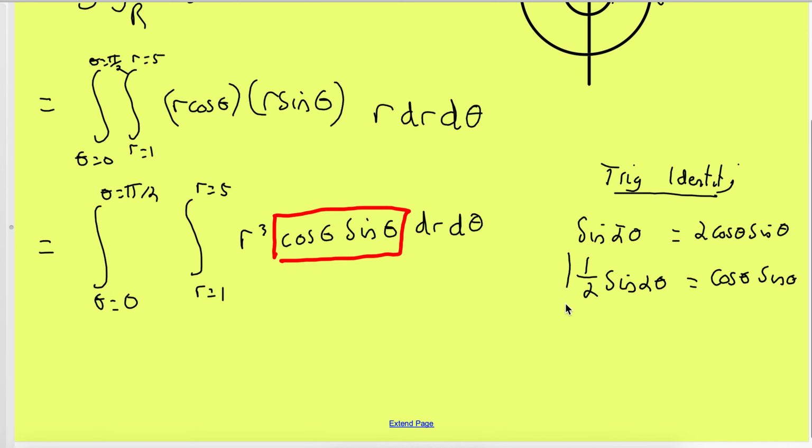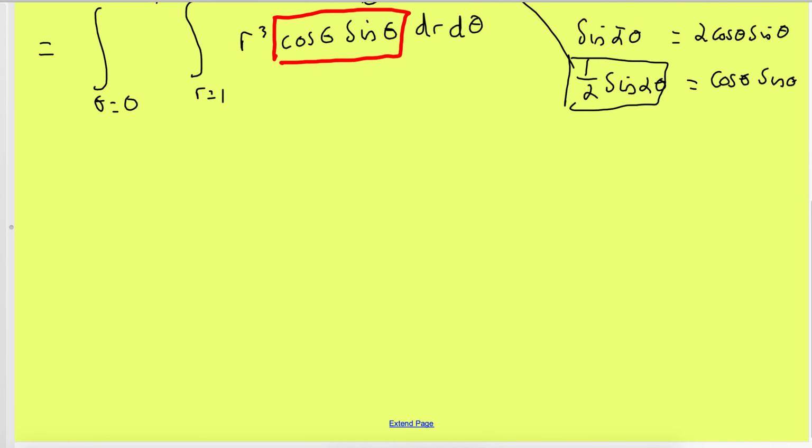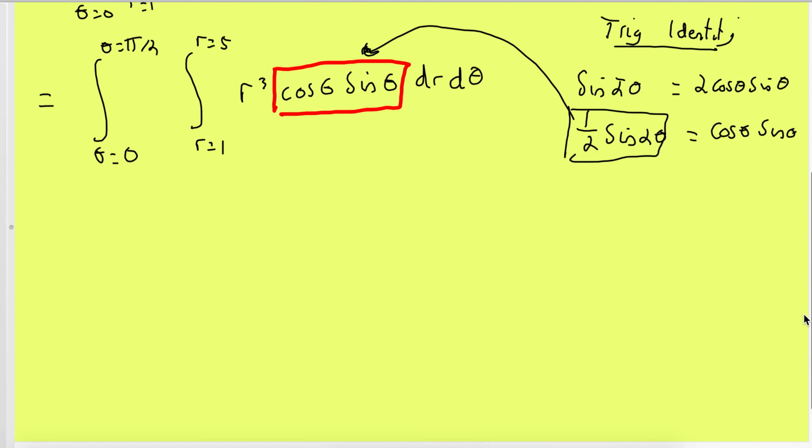So that means I can swap that in for here. Right, because you should never have sine squared, you should never have cos squared, and you should never have cos times sine or sine times cos. If you've got one of those, it's trig identity time.